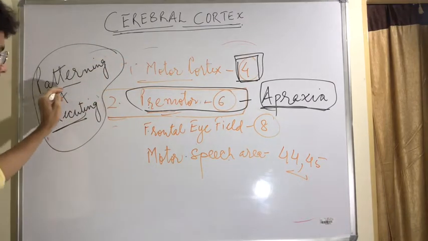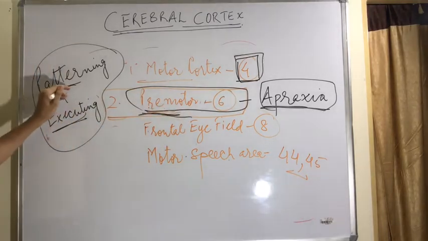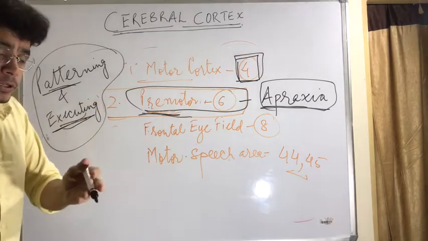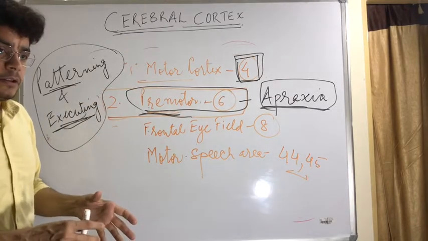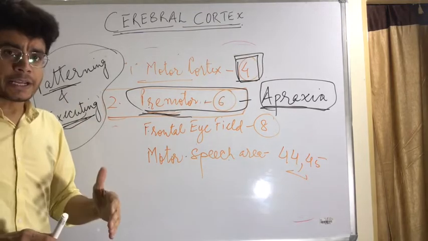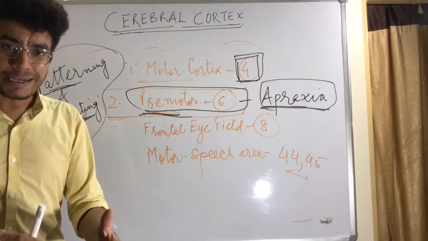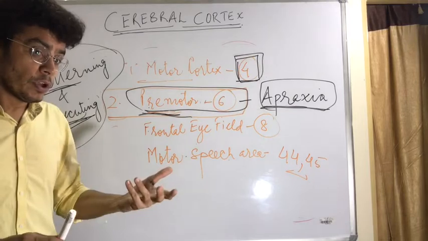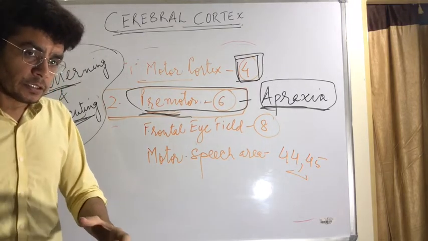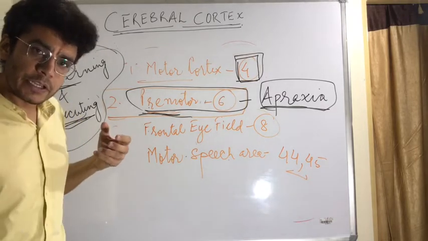If this area is involved, then that pattern will be lost, and that person won't be able to execute the movement in a patterned way. So this complex movement can't happen. Though the individual movement can happen, like the person can move the arm up to this much, they will not be able to pick the pen up, and might move the arm toward the body without even picking up the pen.